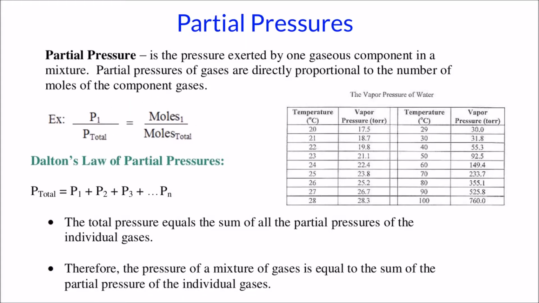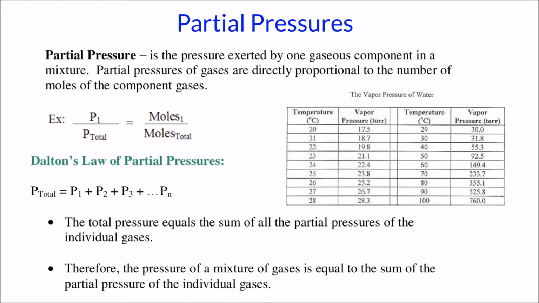And then, of course, as we do this partial pressures section, we're going to have some partial pressure of water vapor, because a lot of times we'll collect a gas over water. We'll bubble gases up through water, and water right at the surface will vaporize.